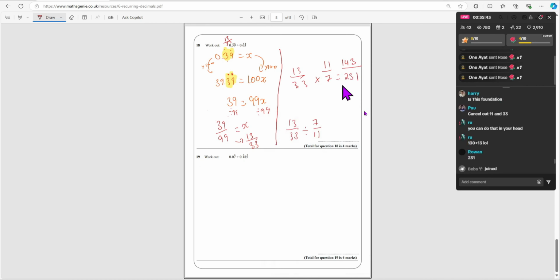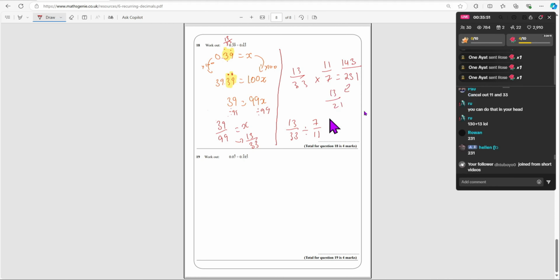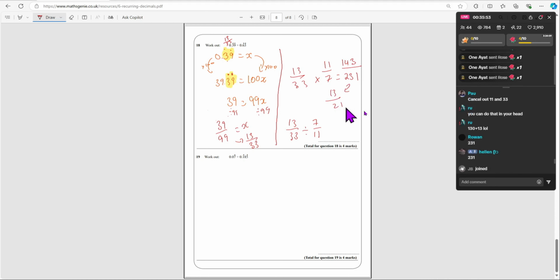And then we're going to simplify this. When you simplify this, you will get 13 over 21, okay? And that will be your answer when you simplify this fraction.